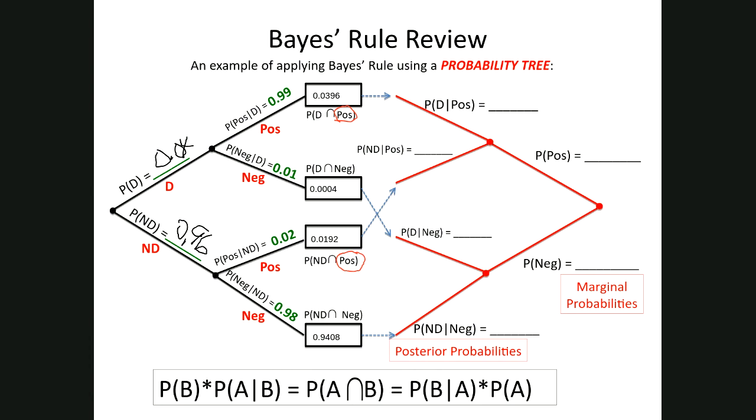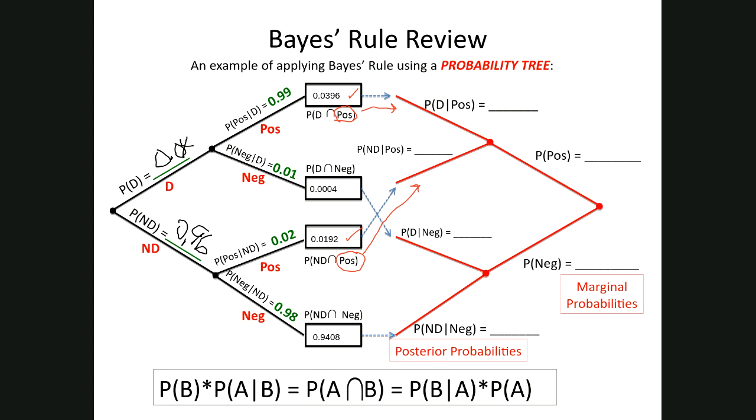This is associated with this part of our probability tree, and this part with this part. So in order to get the probability that we have a positive result, we're going to add 0.0396 and 0.0192 together to get the probability that it's a positive test, just like we did in the previous case.